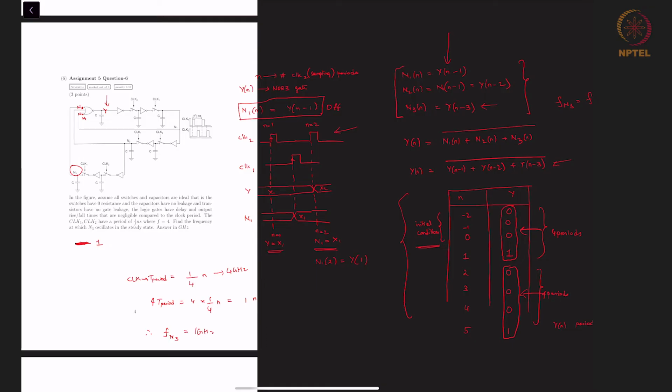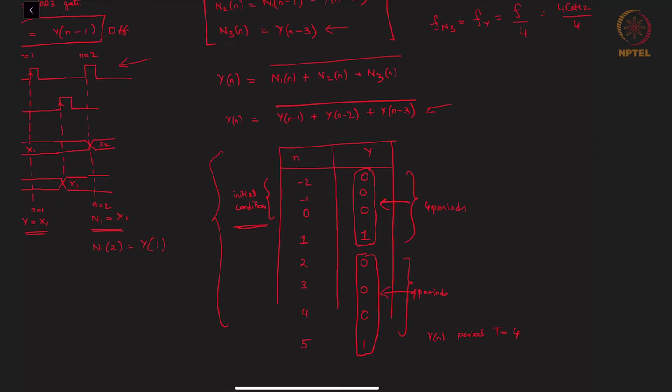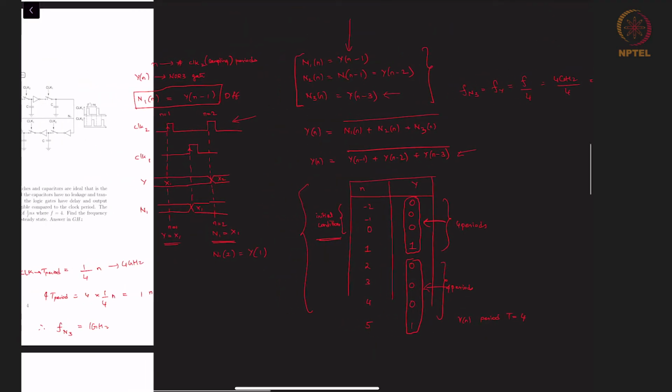An example of that is at n equal to 1, the value of y is 1 because it is the NOR of 0, 0 and 0. Similarly, at n equal to 2, the value is 0 because that is the NOR of 0, 0, 1. That's how you get the output waveform for this circuit, and it is periodic with a period of 4 clock periods.